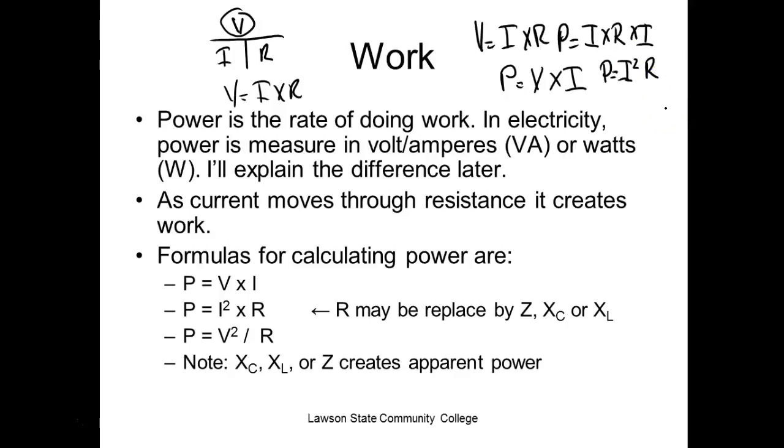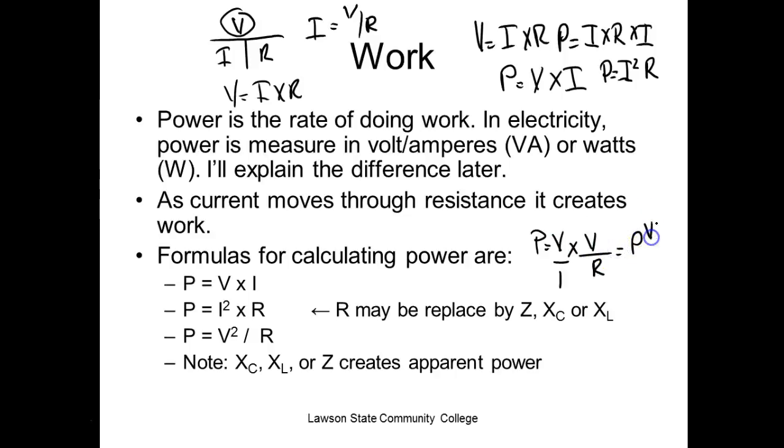Now I can substitute for I what Ohm's law says I is equal to. Ohm's law says I is equal to V over R. So now I can come down here and use my main power formula. Power is equal to V times V over R. So that gives us what?